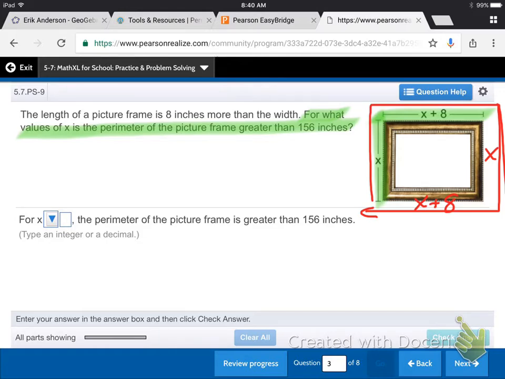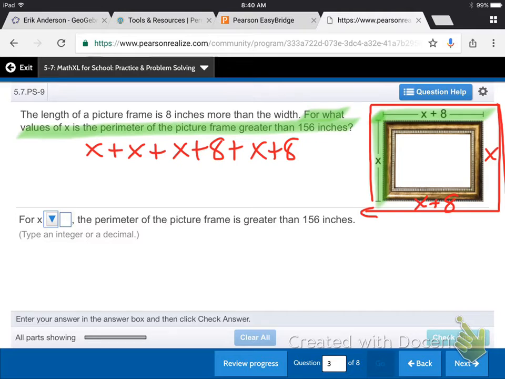So if I take all those sides and add them together, x plus x, those are the two side lengths that are the same, they're across from each other, plus x plus 8 plus x plus 8, those are the two sides that are opposite each other. And this is a picture frame.